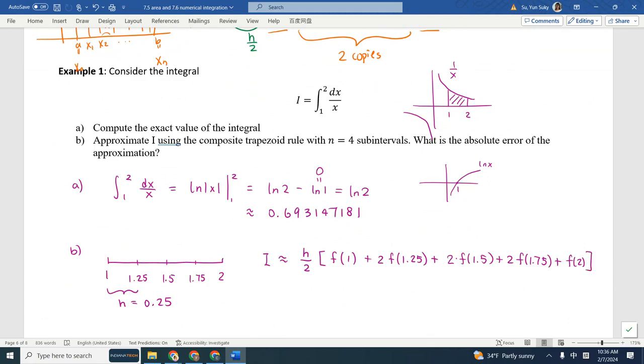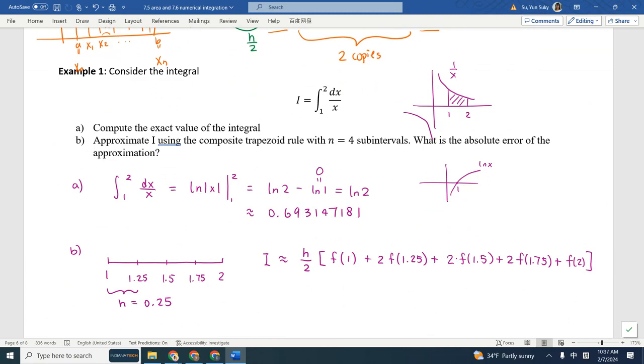So keep this in mind: h over 2, because that's the trapezoid. Trapezoid area is 1/2 times the height times the sum of the two sides, so that's why it's h over 2. The endpoints get 1 copy, all the interior points 2 copies. This is lengthy. What happens when the trapezoid is massive?